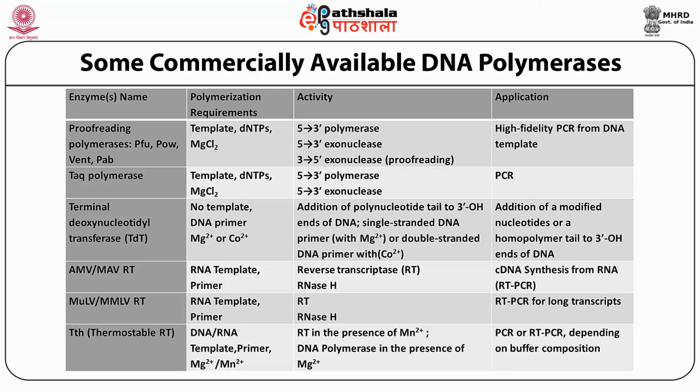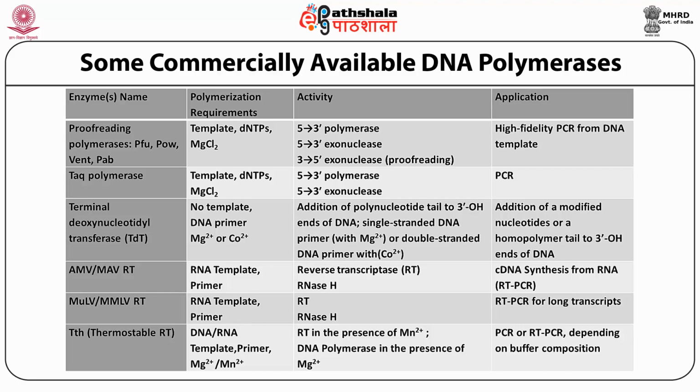And another enzyme that is commonly used is terminal deoxynucleotidyl transferase. It does not require a template, while other polymerases do. It just requires a DNA primer, magnesium, or presence of cobalt ion, and it causes addition of nucleotides at the 3' end.